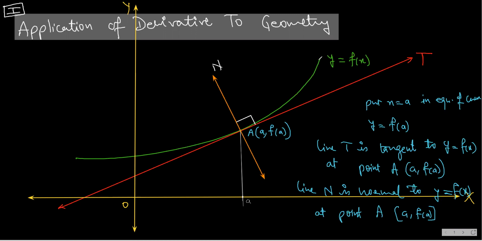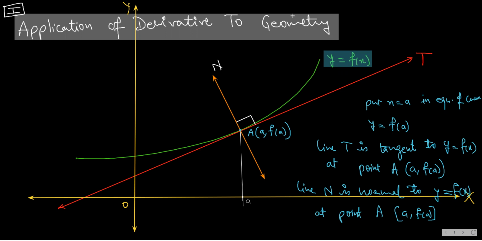So here we have y equals f of x, which is a given function. It means we are given the equation of the curve. On this curve, we have a point A, f of A. So remember two things.